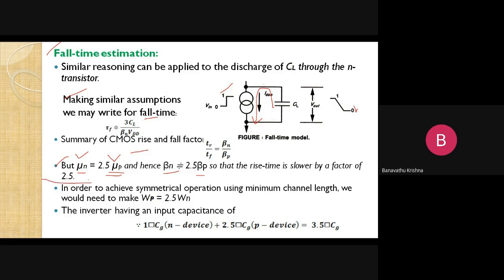In order to achieve symmetrical operation using minimum channel length, we would need to make WP equal to 2.5 into WN. As I told you, we increase the width of the P channel, and only then can we get the symmetrical operation for the delays of rise time and fall time, right?